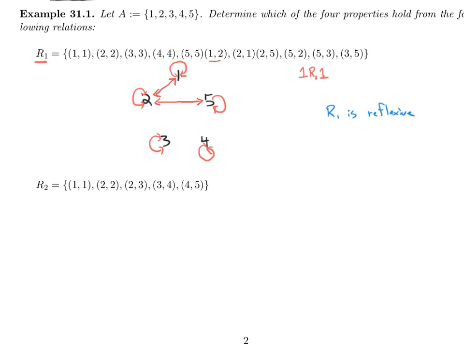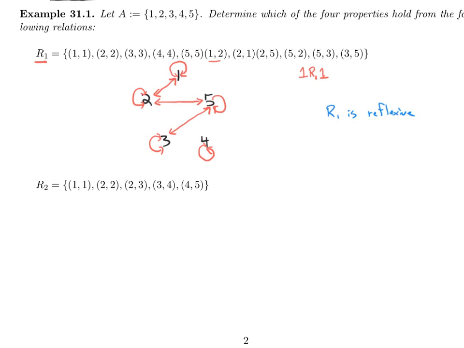We have 5 is related to 3. And 3 is related to 5. Okay, so they're all of the elements of our relation written in digraph form.